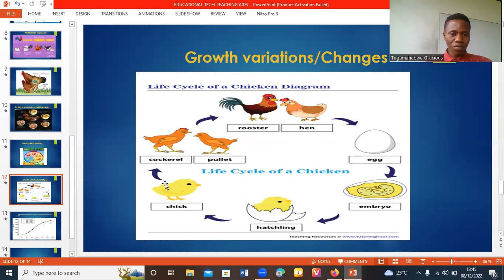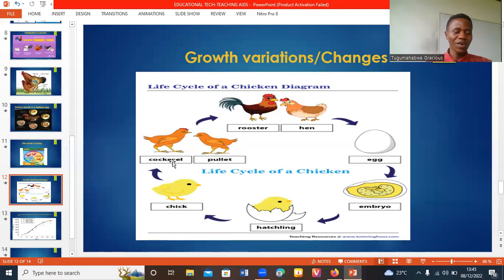So after that, we find that it is showing diagrams of a different kind. This is a pullet, which is a young hen, and the cockerel, which is a young cock, or a young male hen.